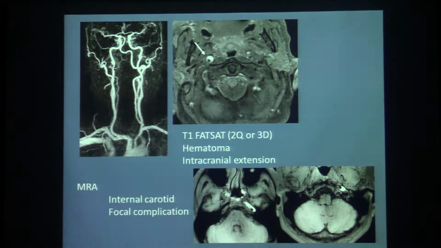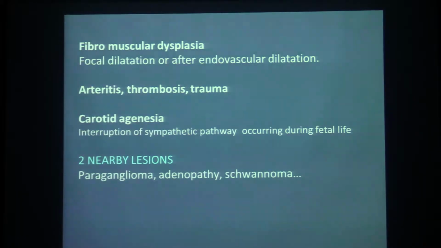And of course, you have to complete by a brain MRI to find complications such as a stroke. All the other lesions of the internal carotid are more rare, but can also provoke Horner syndrome. Even carotid agenesis, as we have seen, is the congenital Horner syndrome.